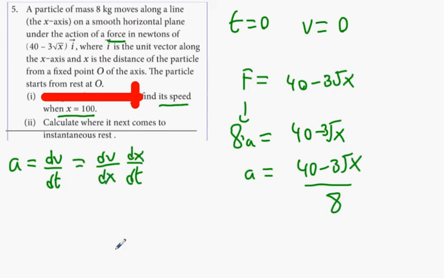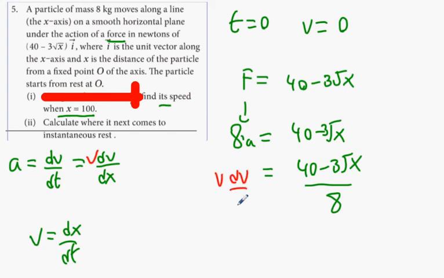Velocity v is change in distance over change in time, so v is dx/dt, which in turn makes a equal v dv/dx. Now go back over here, and you have your v dv/dx equals this stuff here.